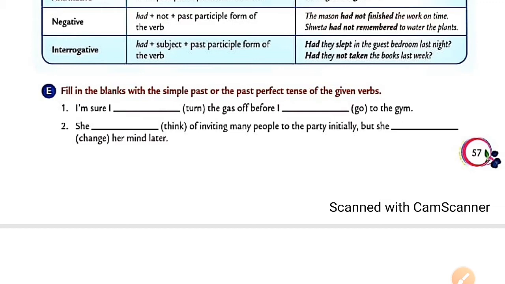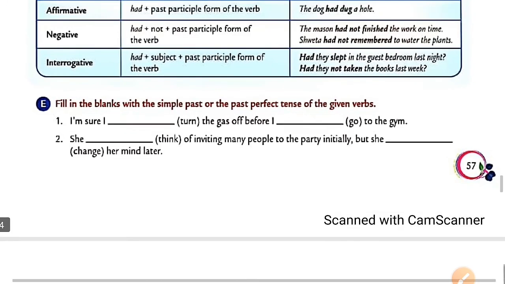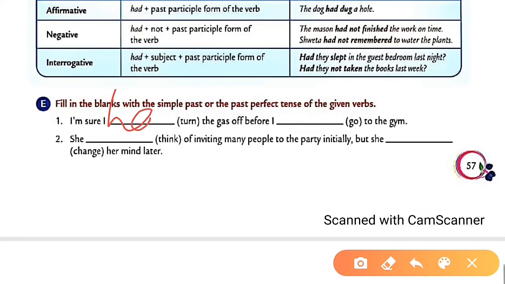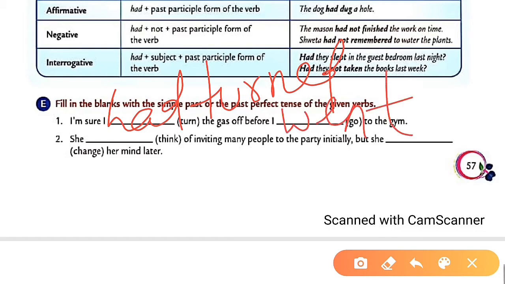I am sure I had turned off the lights before I went to the gym. There are two actions, so always use past perfect tense. I had turned. Had turned. The guests had left before I went to the gym. There are two actions. One has already been completed before the other started. She had thought. She had thought.